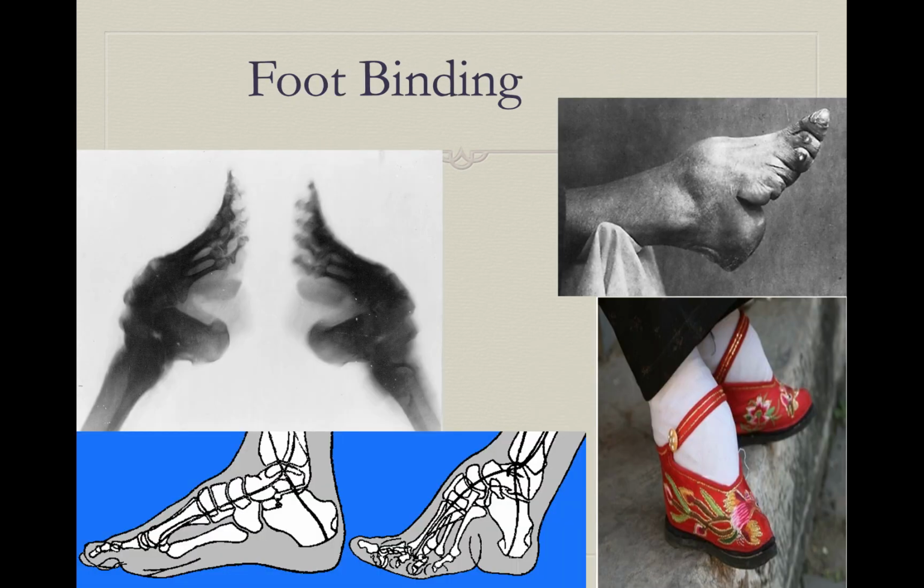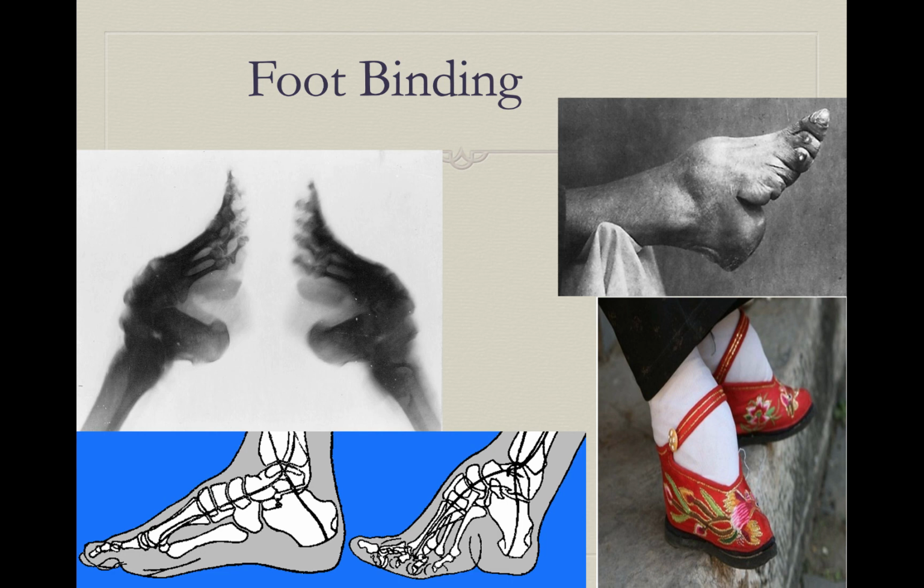So the last type of trauma we're going to just talk about briefly is foot binding. So foot binding was practiced in China up until about 100 years ago, where women's feet were actually crushed and made much smaller, so essentially crippling them so that they couldn't walk very far by themselves. The purpose of this was to make women into like a piece of furniture that made them marriageable.